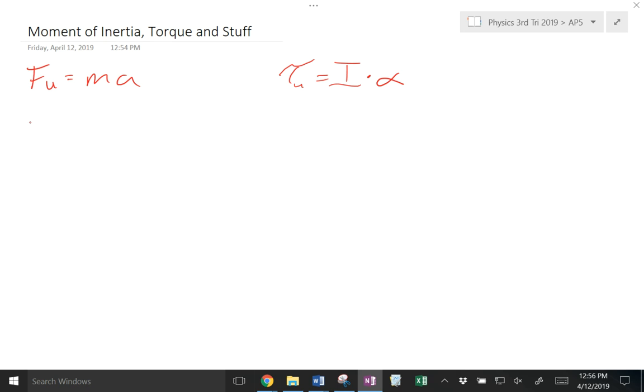All right, so things that we know: the unbalanced torque. Okay.